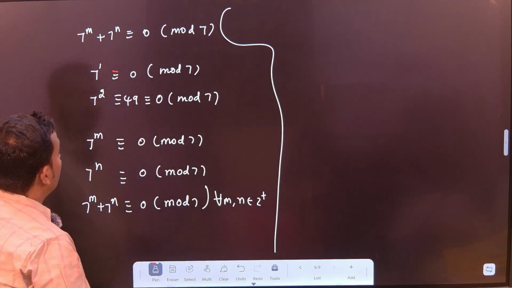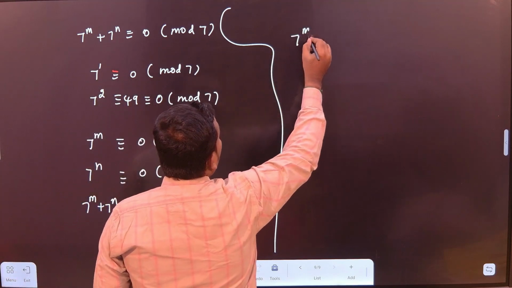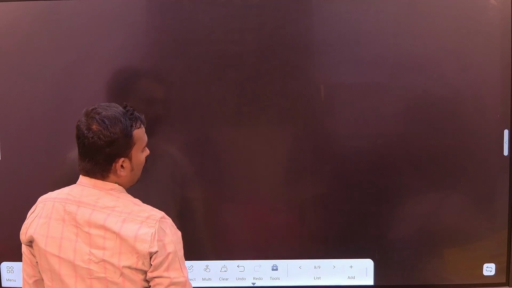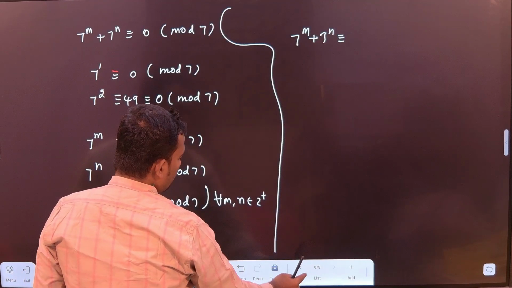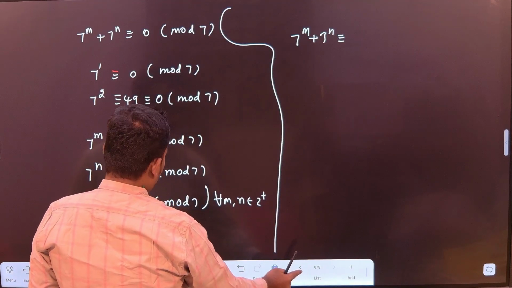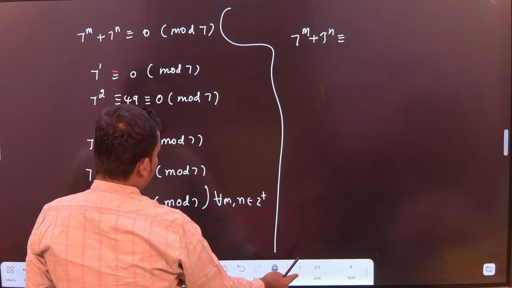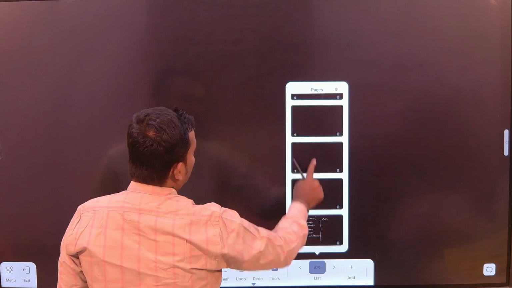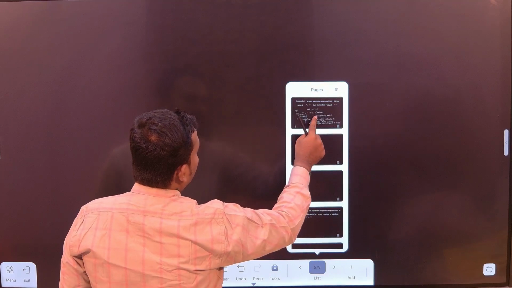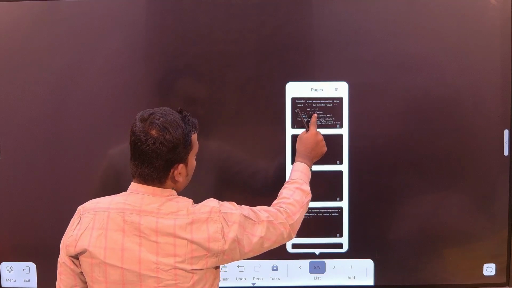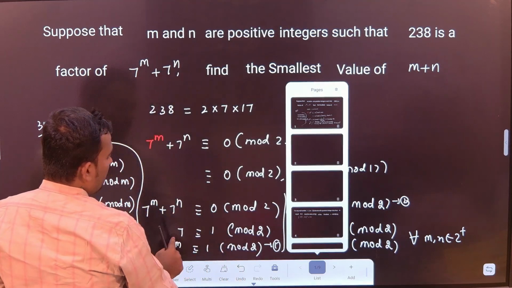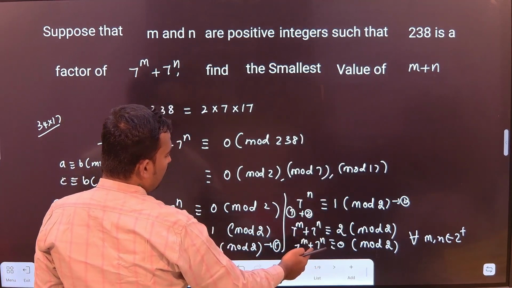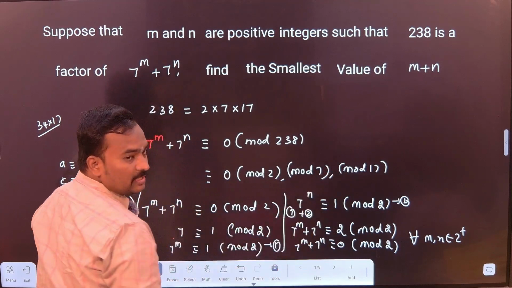Okay, let me check another one. The third one is what? 7 power m plus 7 power n is congruent to, we have to say, which one we have to say here? So we have to take this one, modulo 17 you have to say, right?